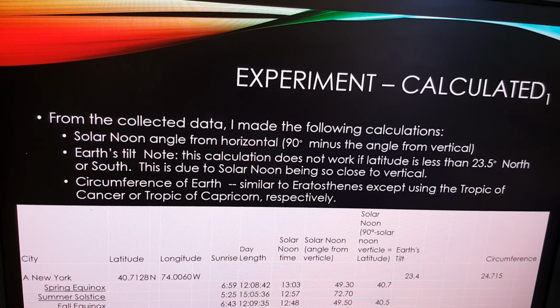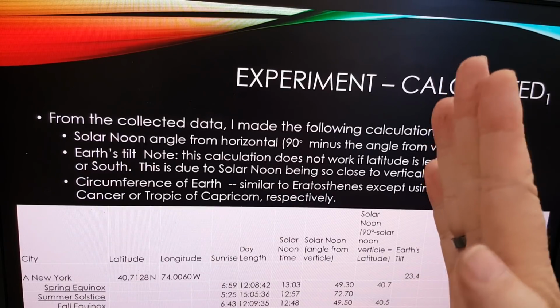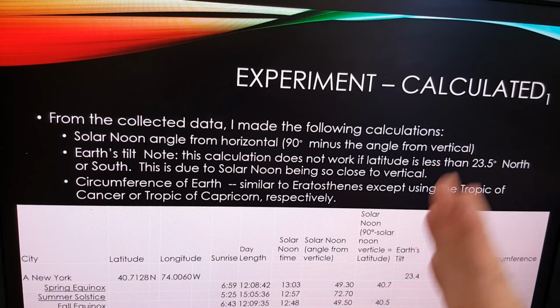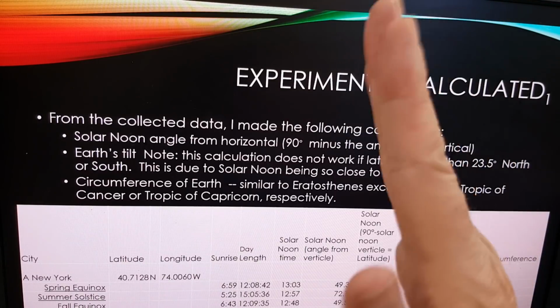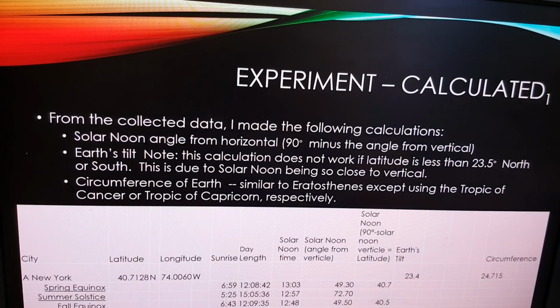The second thing I calculated is the Earth's tilt. The one thing that you need to know about this calculation is that it doesn't work for the tropics where latitude is less than 23.5 degrees. And the reason for that is because the solar noon angles are so close to 90 degrees that when you try to make this calculation, it just doesn't work.